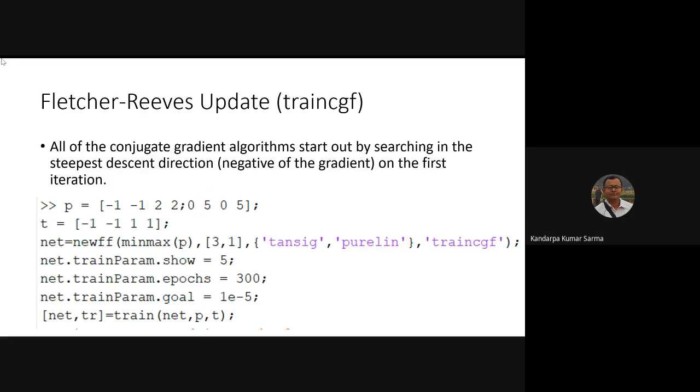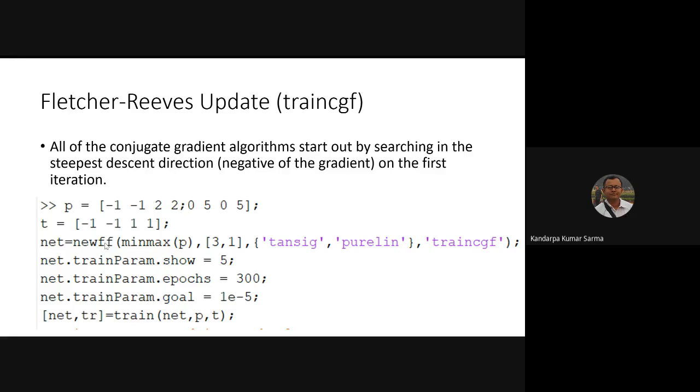Now, in this, the first of the conjugate gradient functions, there is one method which is due to Fletcher and Reeves, and that particular training method is called train CGF. So this CG means the conjugate gradient, and F due to this Fletcher-Reeves contribution.